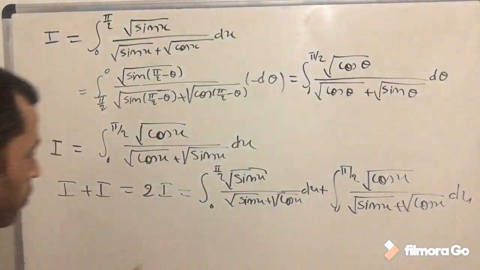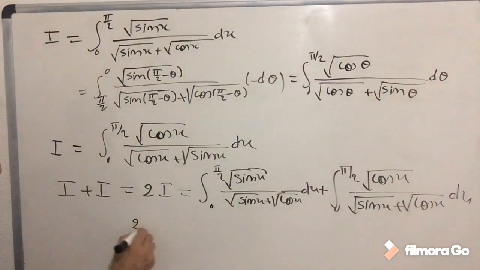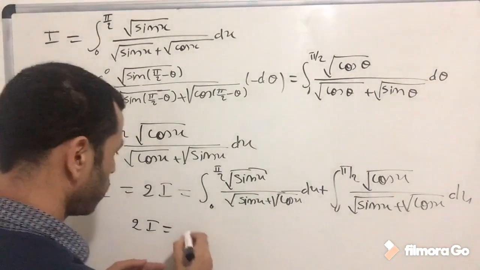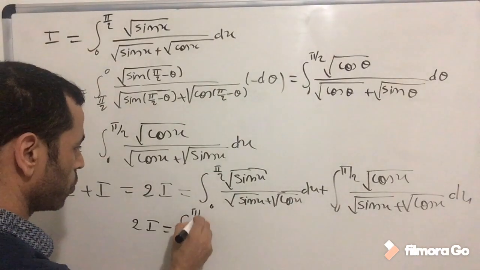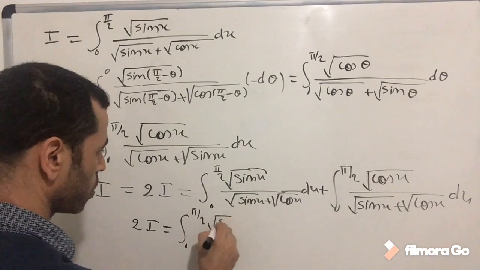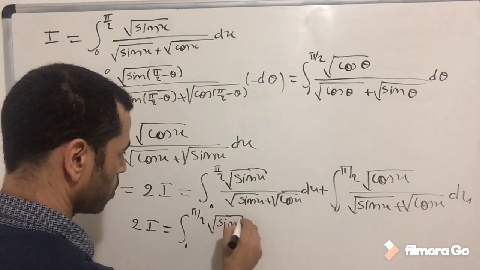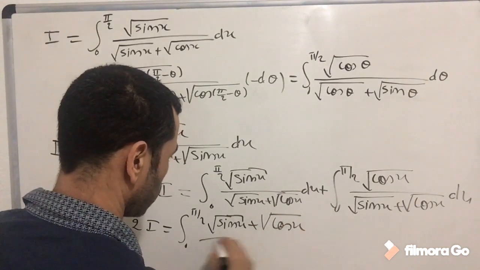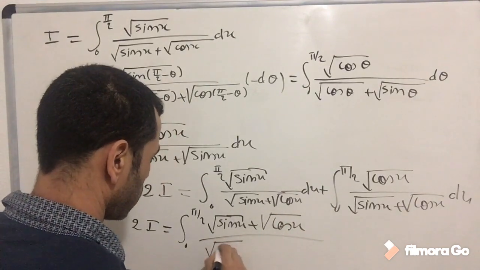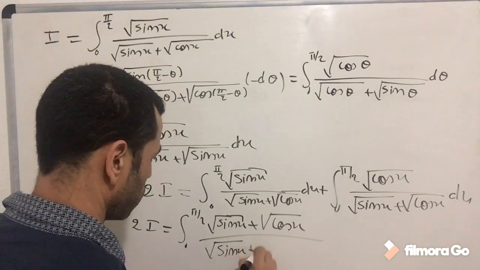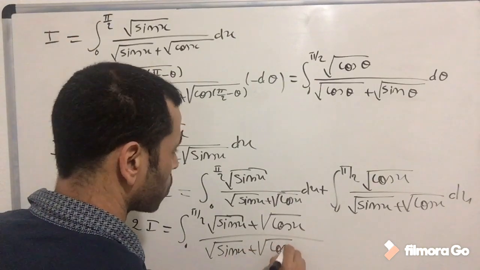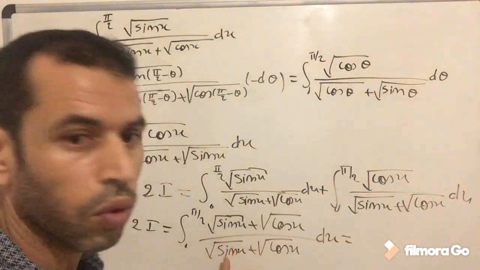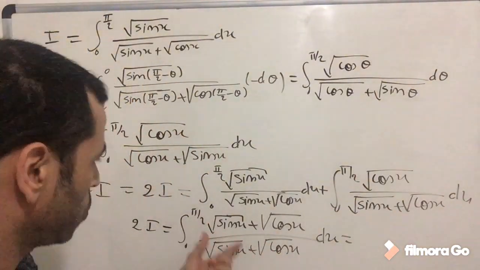Okay, our 2I becomes one integral. Put it together from 0 to pi over 2 of the square root of sine x plus the square root of cosine x, over the square root of sine x plus the square root of cosine x, dx. Look, this equals 1.